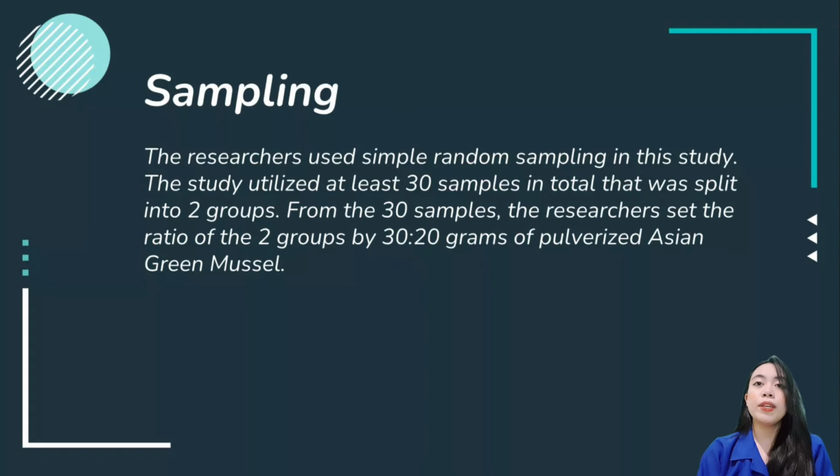The second group is also comprised of 15 samples with 20 grams of pulverized Asian green mussel shells and 60 grams of paper pulp per sample. In addition, the researchers also prepared 10 additional samples in case of error in the experimentation.